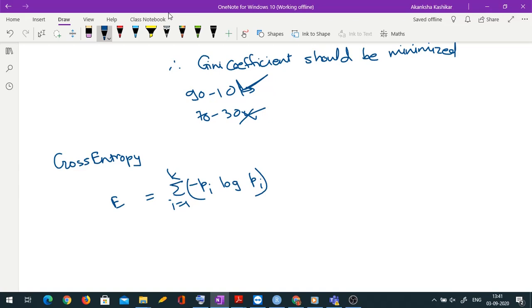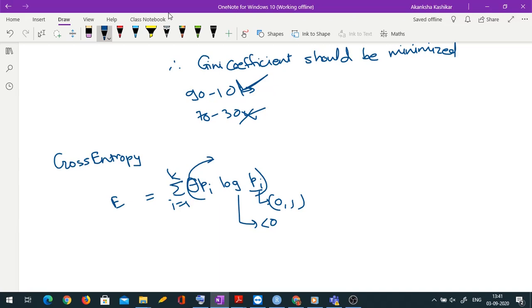First of all, does it mean that entropy has negative values? See, pi's are between 0 and 1, so log pi will always be negative, and hence to balance that negative we get a negative sign over here. So entropy would actually always be positive even though the negative sign is present.